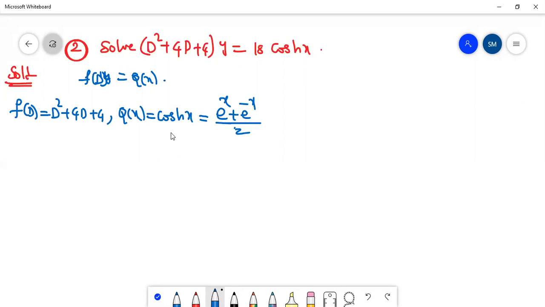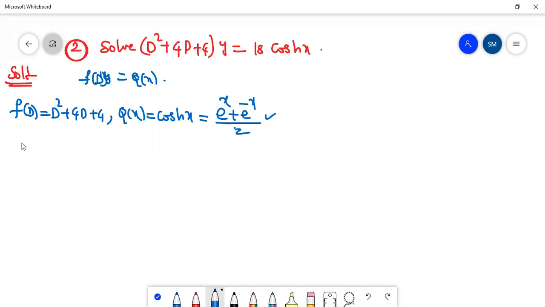You don't get confusion. Just think, cos hx is expressed in exponentials only. That is the average of e power x and e power minus x. Sine is the difference of e power x and e power minus x by 2. Okay.